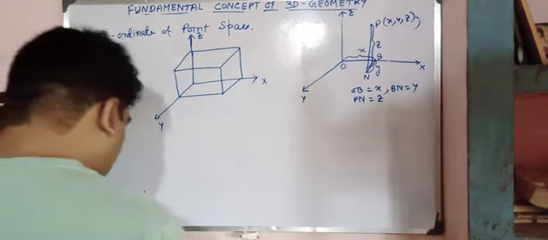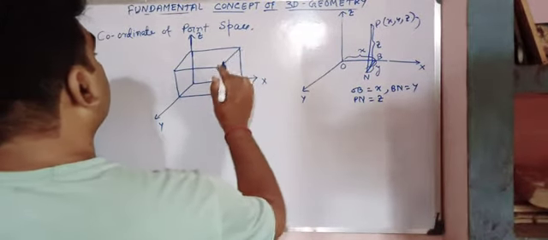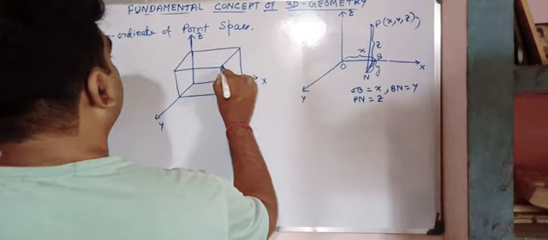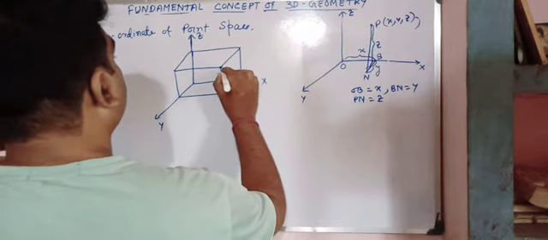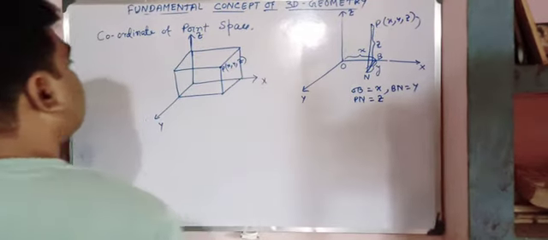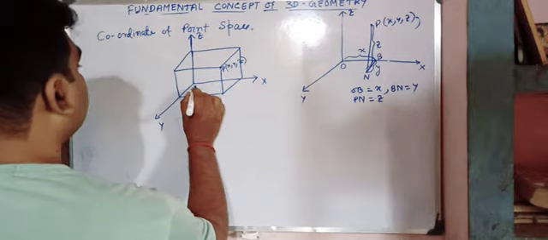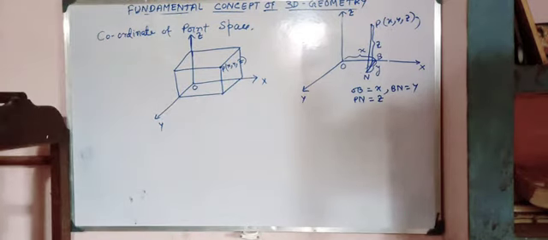The point P that I have taken should be lying over here. This is the point P whose coordinate is x, y, z. Understood? And this is my O.